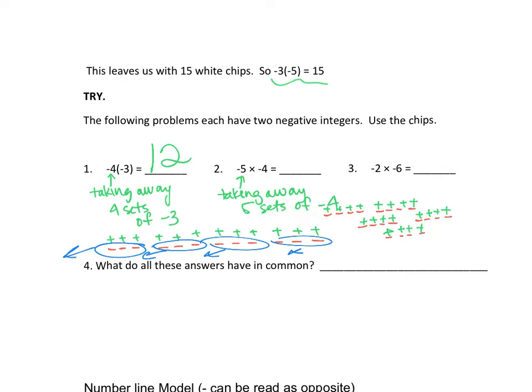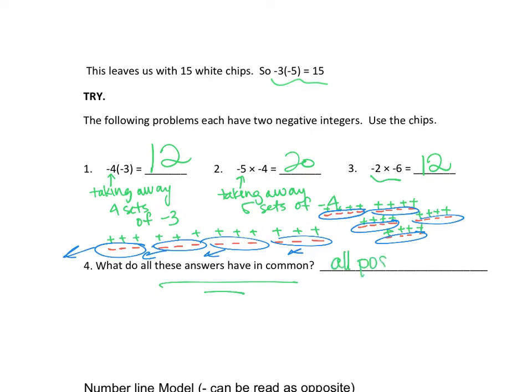That way, when we take away those 5 sets of 4 negatives, all that's going to be left is the positive, and there's going to be 20 of them. And if we think about that happening again, taking away 2 sets of 6 negatives, we're still going to be left with 12 positives. So what do they all have in common? They're all positive because we're taking away that negativity.